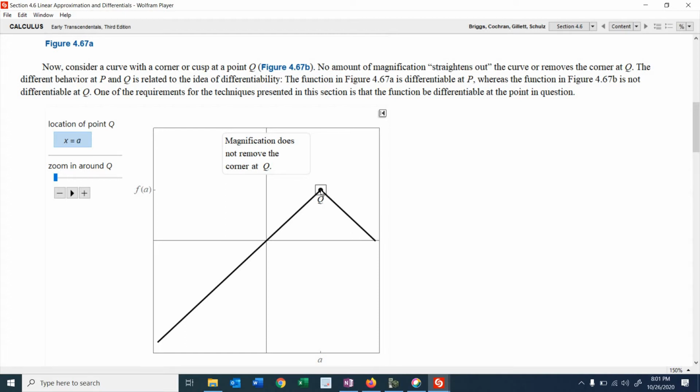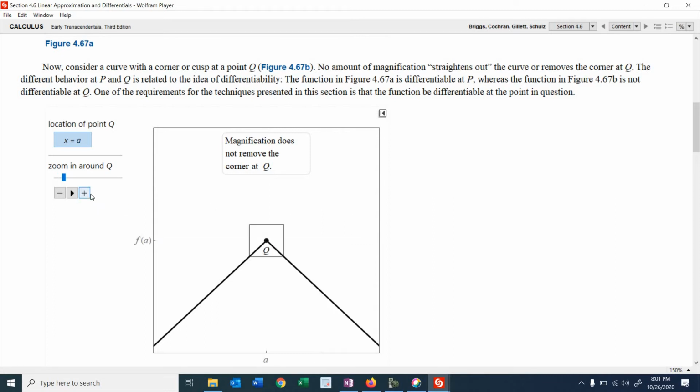At this particular point Q, we cannot approximate it as if it were a straight line, because no matter how much you zoom in on the point Q, it doesn't look like a line. It still looks like a V. Okay, so the thing that we're lacking at this particular point is differentiability. But as long as we have differentiability at the point, then we can zoom in on it and it's going to look more and more like a straight line.